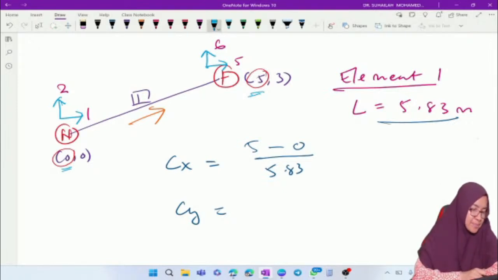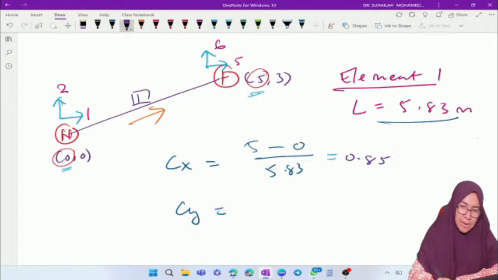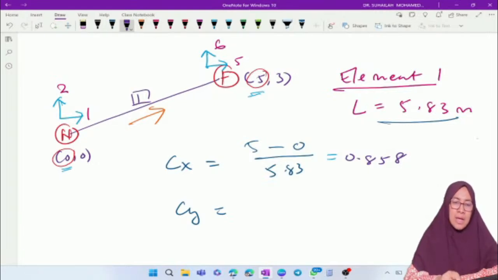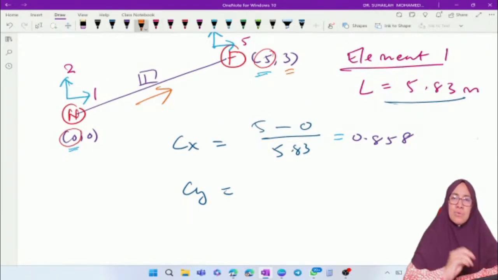So we get 5 divided by 5.83, which is 0.858 for Cx. And for Cy, we have to look at the y values.